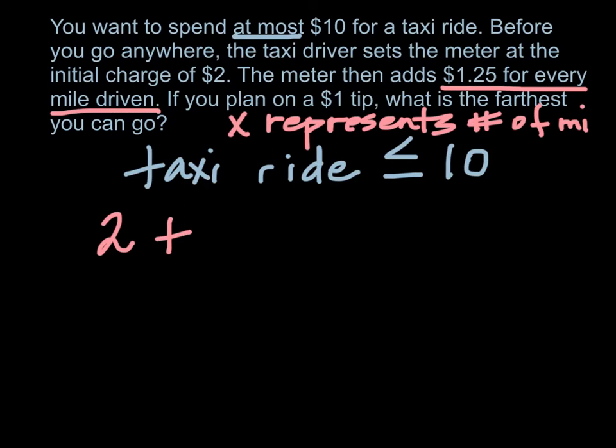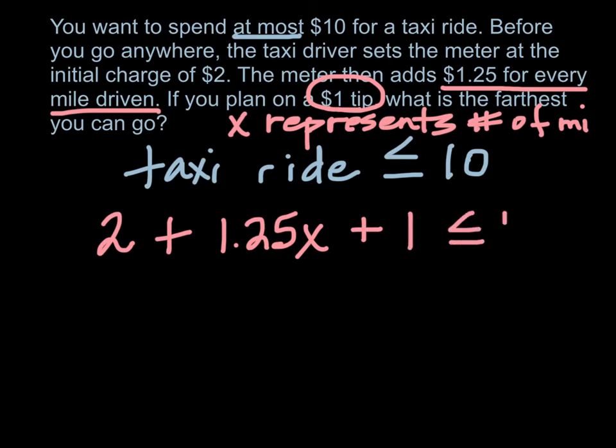And so we're going to be multiplying $1.25 times x. For every mile that we travel, we owe $1.25. Now, included in that is an additional piece of information that we want to leave a tip. So that means we need to add $1 to that so that all of that combined is less than or equal to 10.